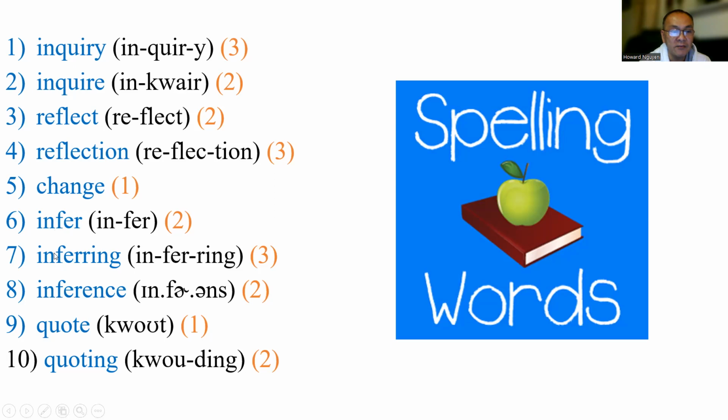Number 7, inferring. Number 8, inference. The E here is silent. Inference. Number 9, quote. Number 10, quoting. Or sometimes people may pronounce it quoting.